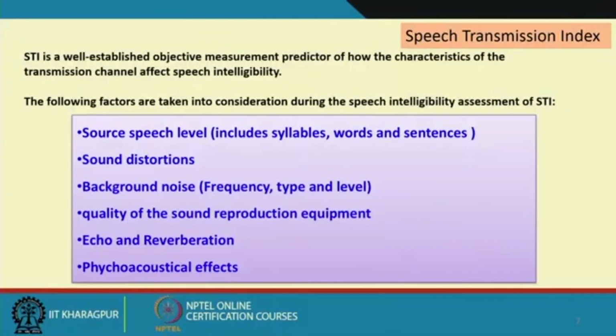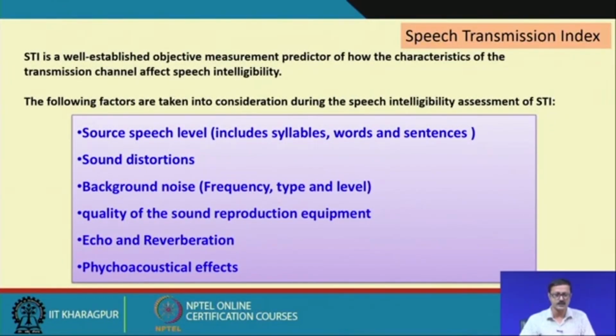So, the speech transmission index, or STI, has the following points which are encountered while devising this 0 to 1 index. What are those points? The source speech level, which takes care of the syllables, words and sentences of a particular speech.